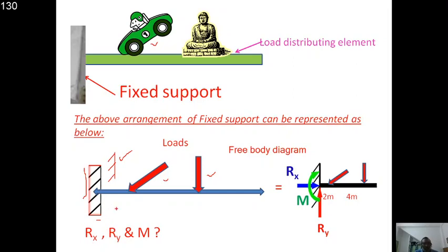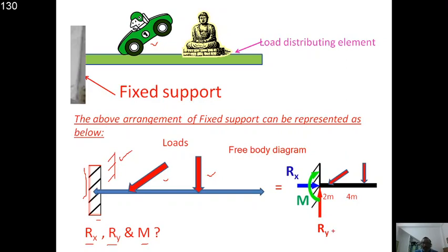We already understood that the fixed support offers reactions in the horizontal direction, the vertical direction, and moment also. Hence we are interested in finding Rx, Ry and M. For that I want to draw their directions as shown here.